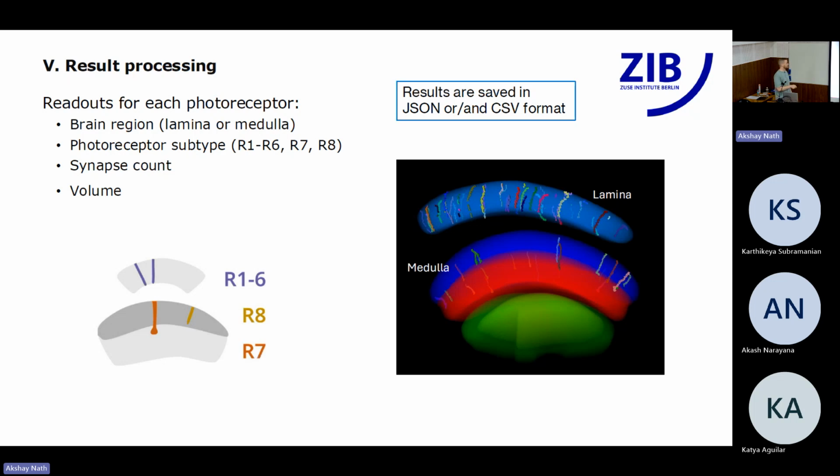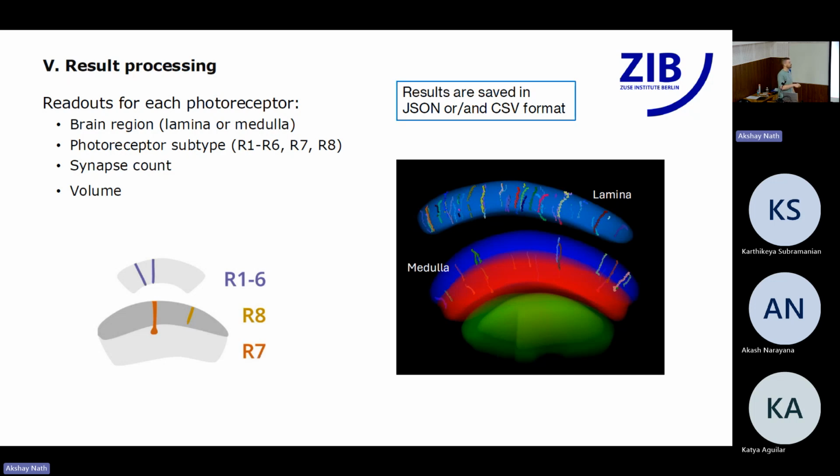For each photoreceptor, as I said, we have R1 to R8 photoreceptors, and for each photoreceptor of any type, we do the following readouts. First would be the brain region. Well, this one is quite obvious. If the photoreceptor is inside the lamina region, it automatically gets assigned lamina, and if it's in medulla, it gets assigned medulla.